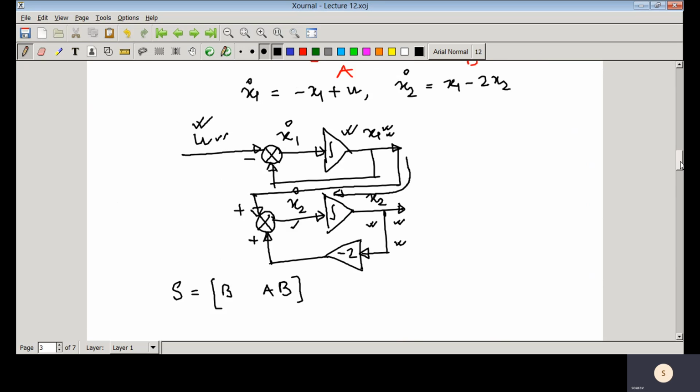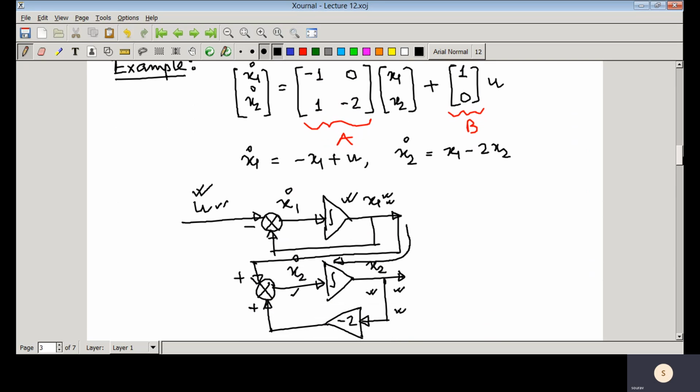What is AB? The A matrix is [-1, 0; 1, -2] and B is [1, 0], so AB is [-1, 1].